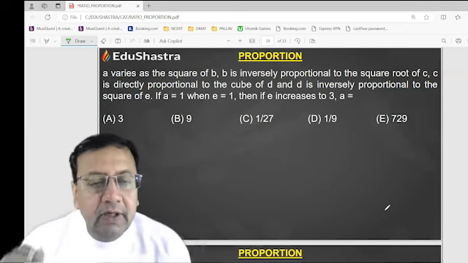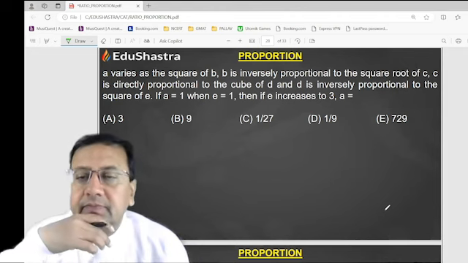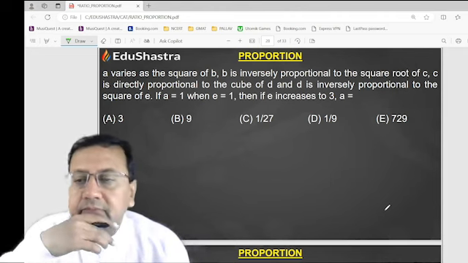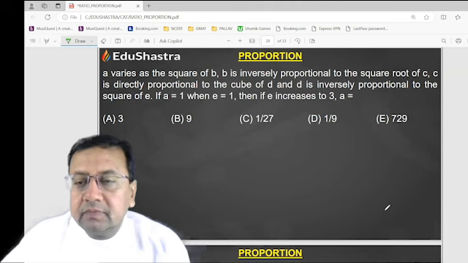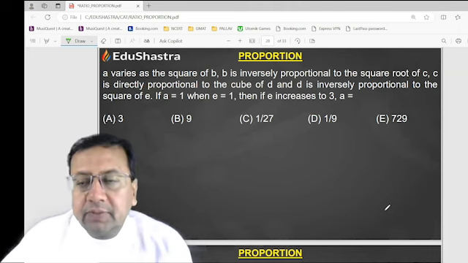Okay, Shreya is saying option E. Okay, Priya. So Shreya, how is this option E?